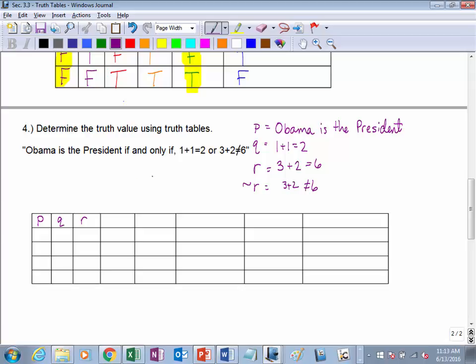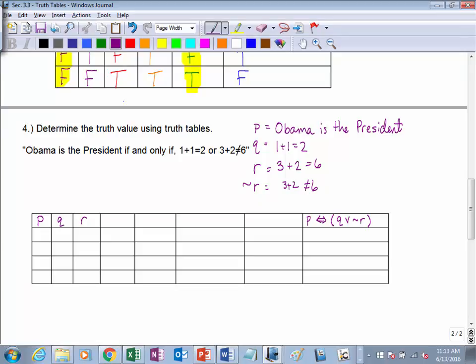Let's see. So the final statement that we're trying to prove is P if and only if Q or not R. So you really only need that last column? Well, yeah. No, I mean there's a reason why these are all here.